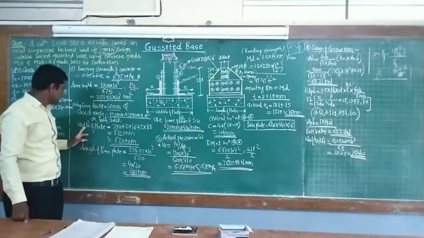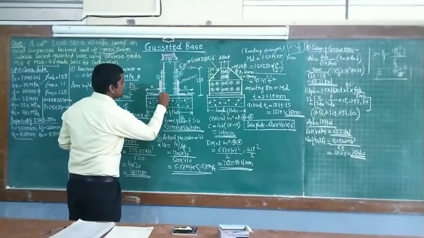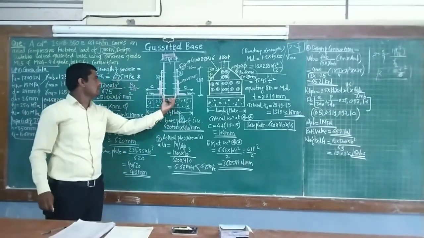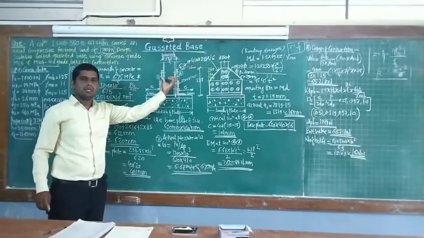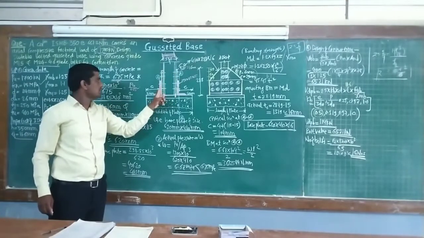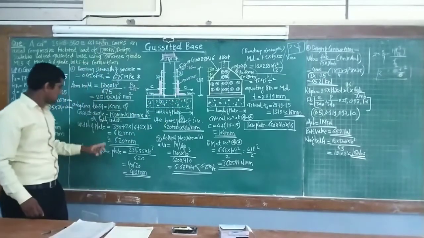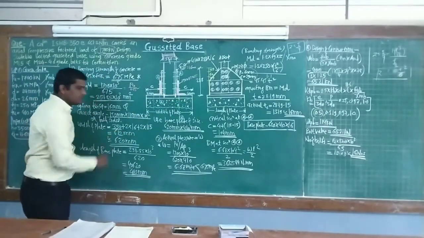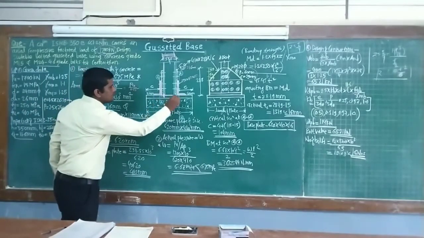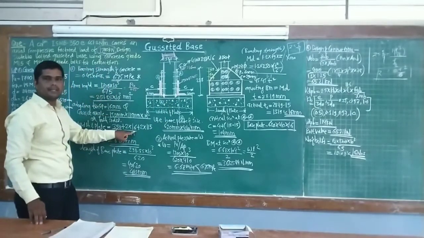So before that, width of plate is equal to 350 mm plus twice the thickness of gusset plate plus twice the angle section leg. So 350 plus twice the gusset plate thickness, which is 16 mm.